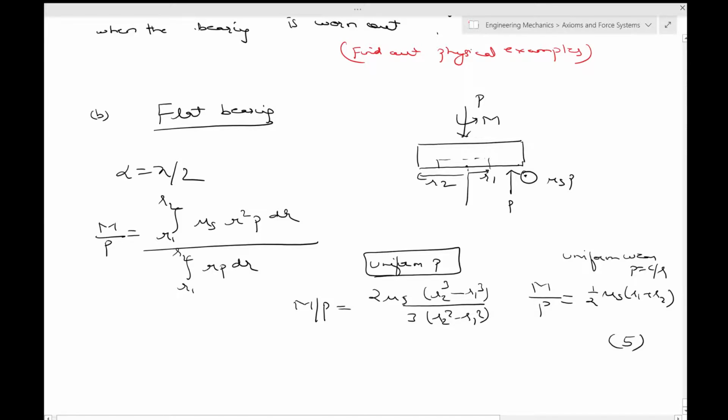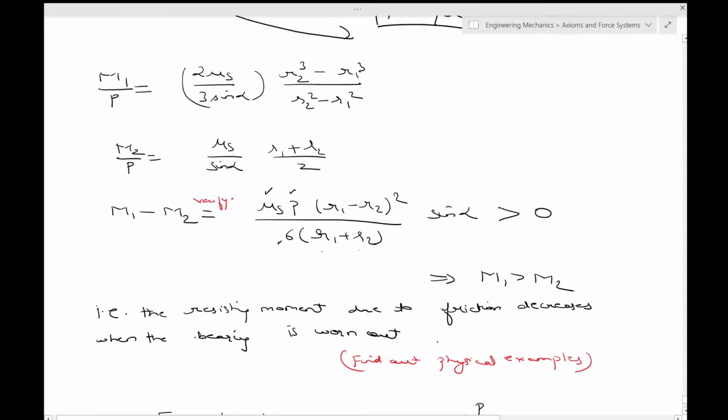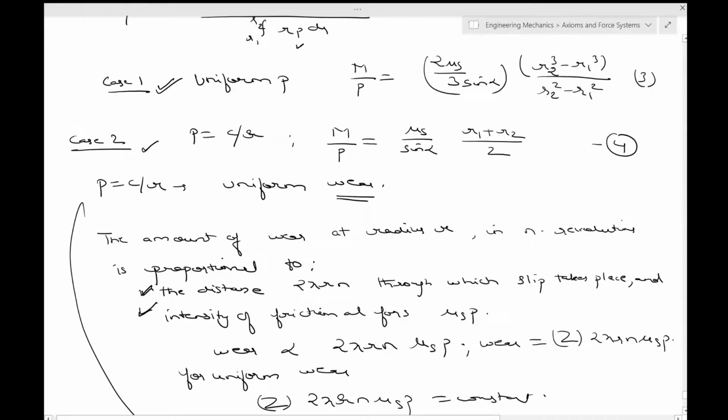So compare mu effective. If flat has mu s, you can see that for the expression over here, for a flat it is half mu s r1 plus r2, and for a conical, this value would be half mu s by sine alpha into r1 plus r2.